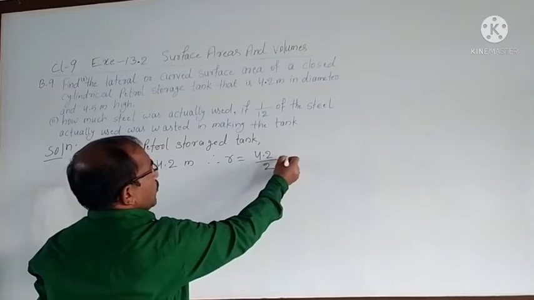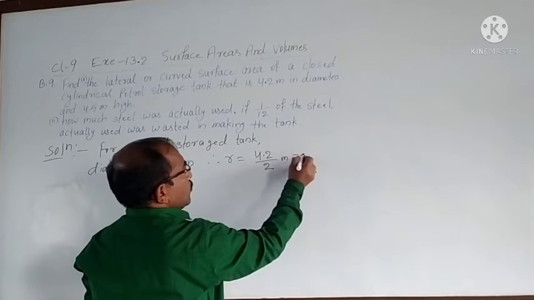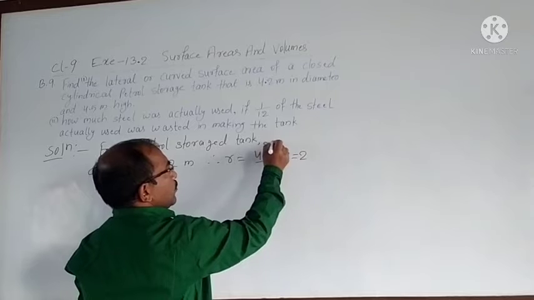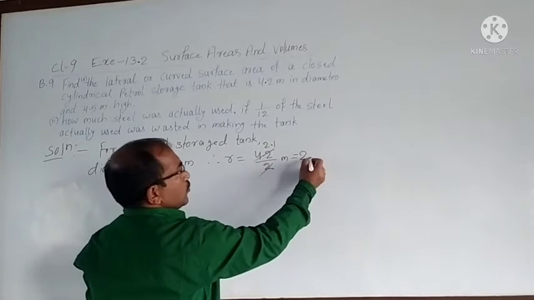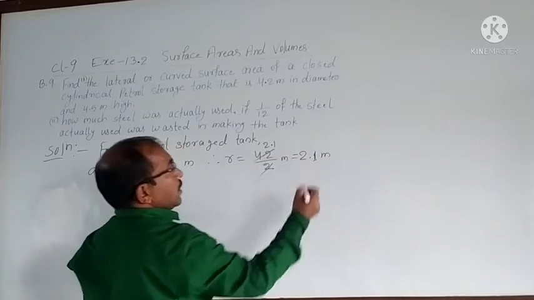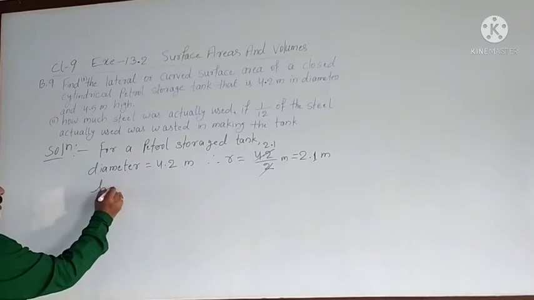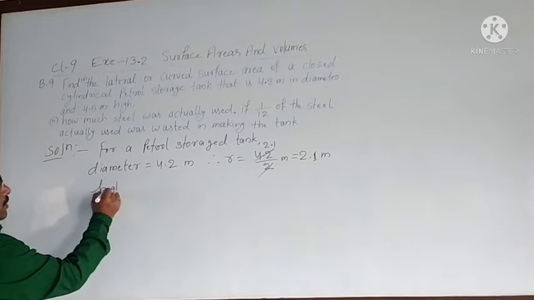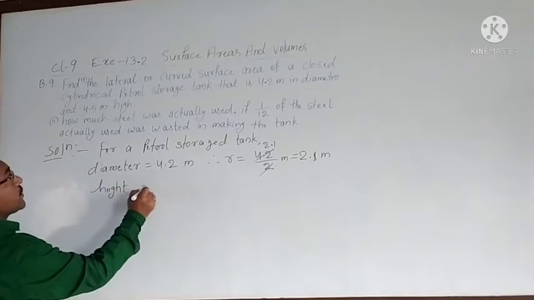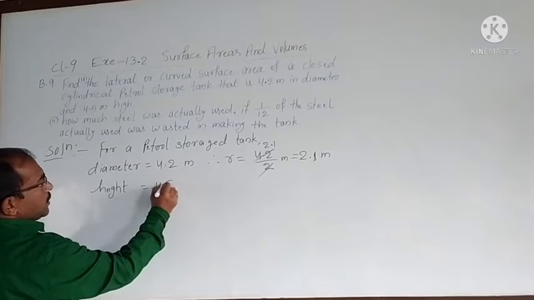We can leave it as 4.2 by 2 or write it as 2.1. So 2.1 meter is the radius. Then the height of the tank is 4.5 meter.